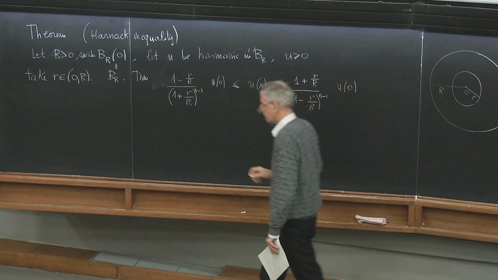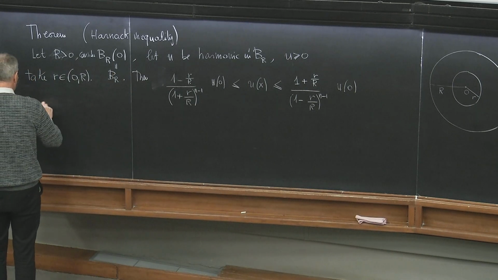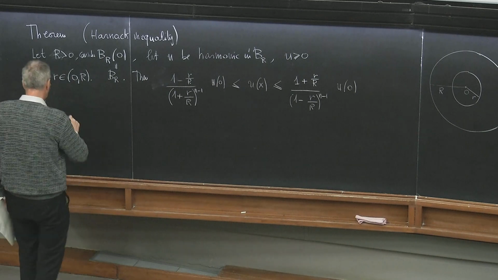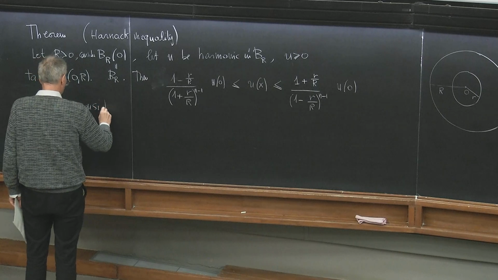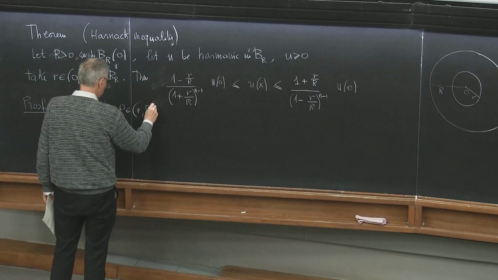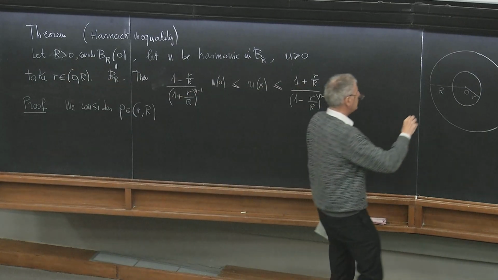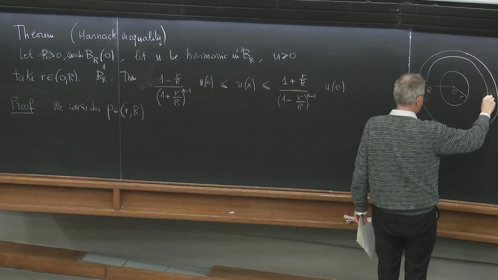And we take an intermediate ball. I think yesterday I called it the ball of radius rho. If it is not the case, please tell me, because I don't remember exactly the notation of yesterday, but I think that this was rho.